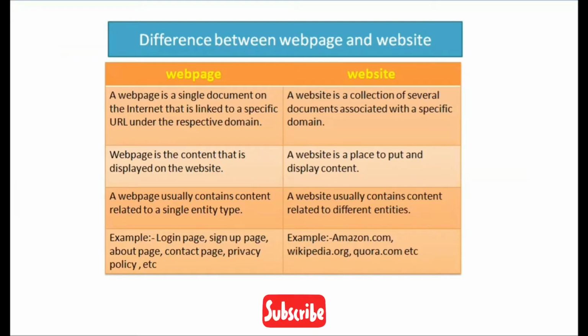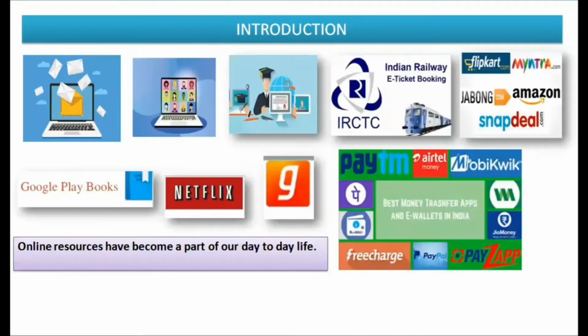Now hope you understand difference between website and web page. As there is growing demand for attractive presentation of information using the electronic means which gave rise to invention of the website. So here you can see various website and web pages are there.